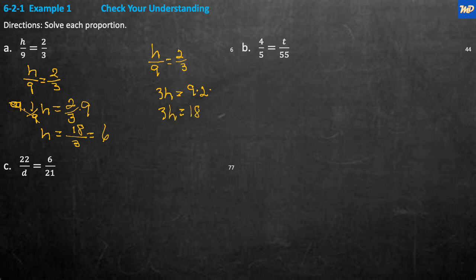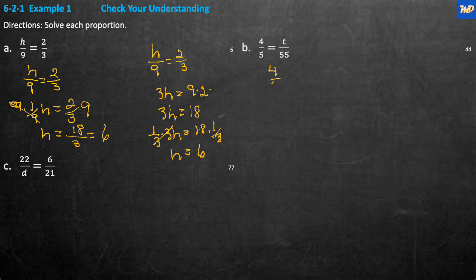And then you multiply both sides by the reciprocal: 1/3 times 3h is equal to 18 times 1/3. The 3's cancel, and we have h is equal to 18 divided by 3, which is 6. These are solved both ways now.